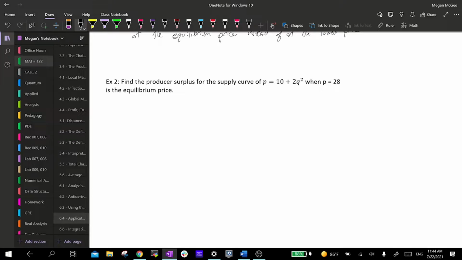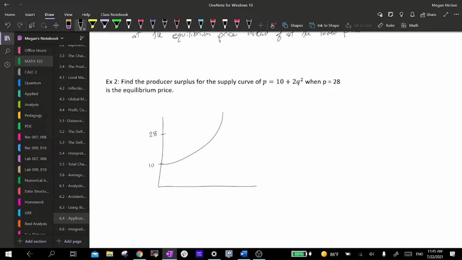All right, so we have our function. Let's say this is 28. And our supply curve looks like it's going to be an upwards facing parabola starting at 10 and going like this. All right, rough sketch.